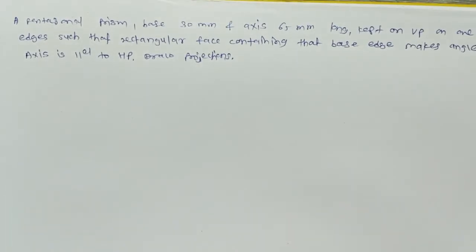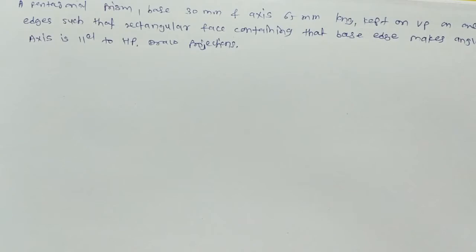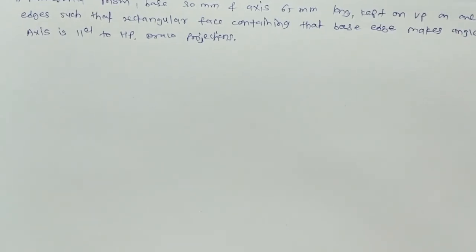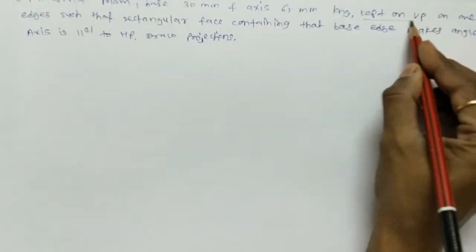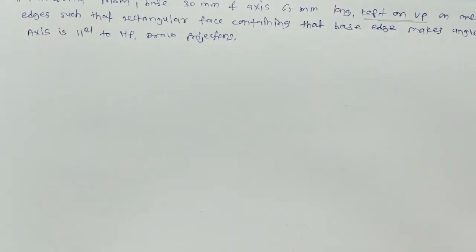So the base edge of the pentagonal prism is kept on VP. Consider it standing on its base on VP with the side perpendicular to HP, that is, perpendicular to XY.